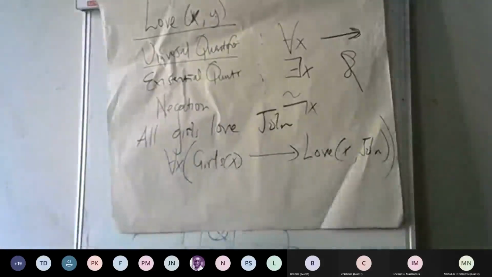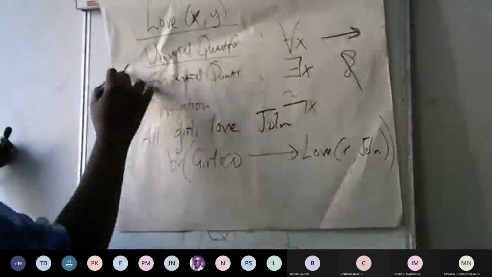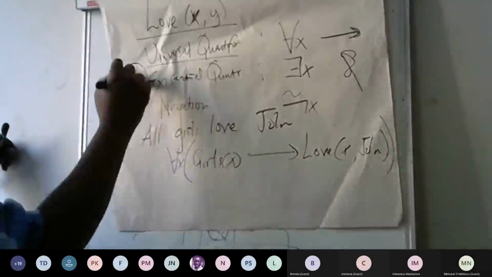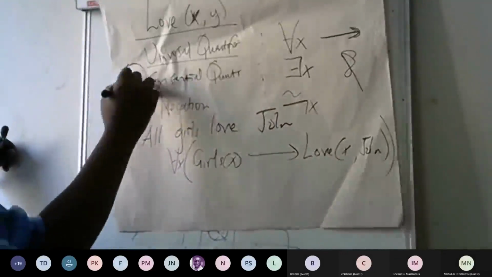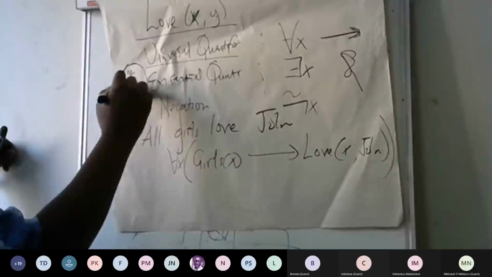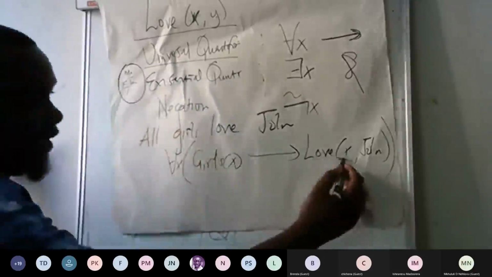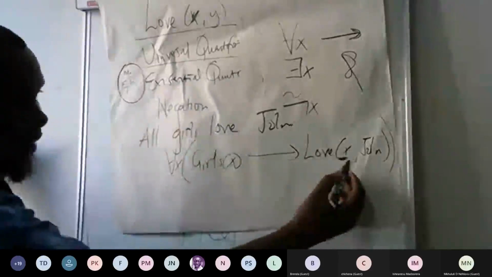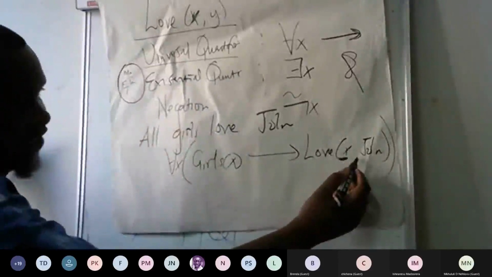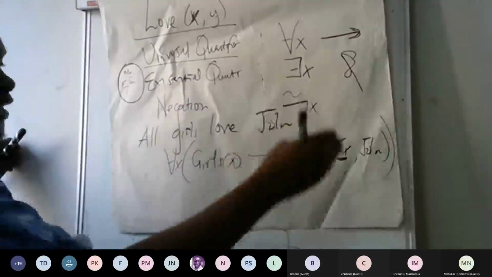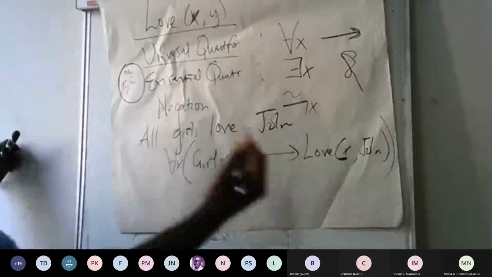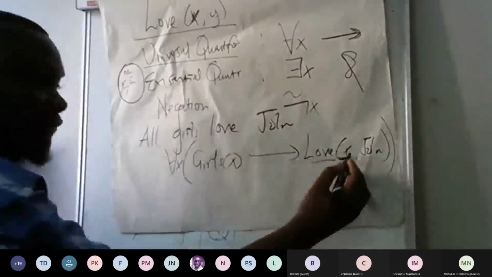If I've got a set of girls, for example, it has got Mary, Tendai, Florence, Judith, etc. They come here on this X, where I'm leaving X John. Just like the Mary John example previously, where I said you can generalize it to love XY.